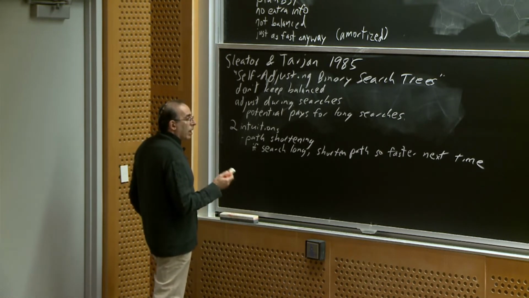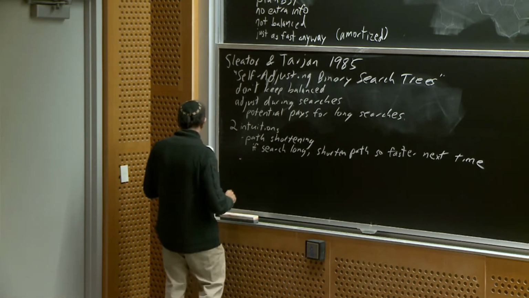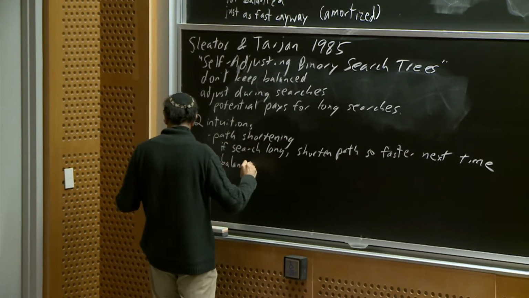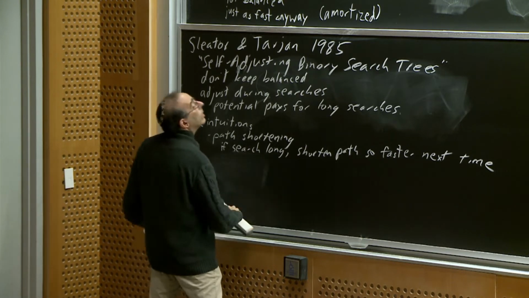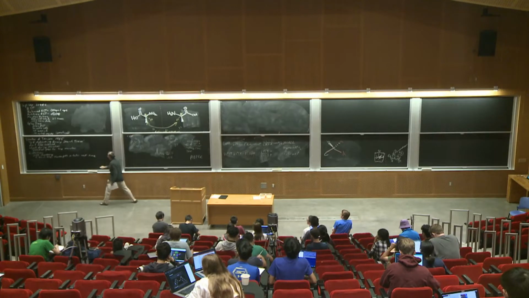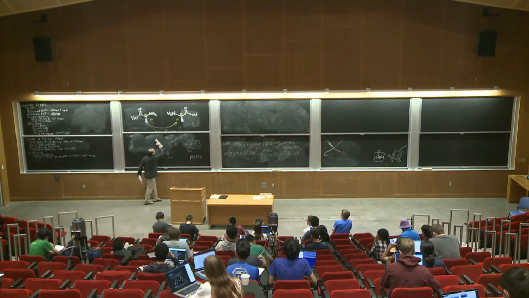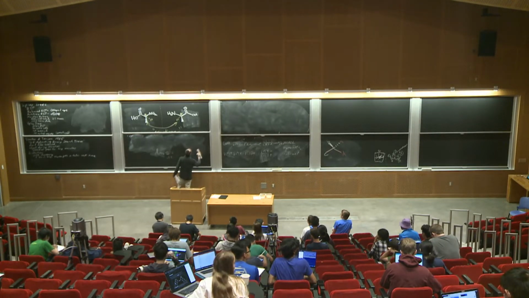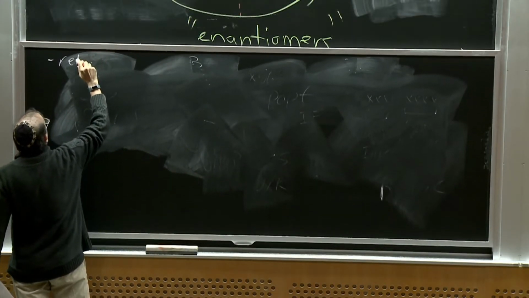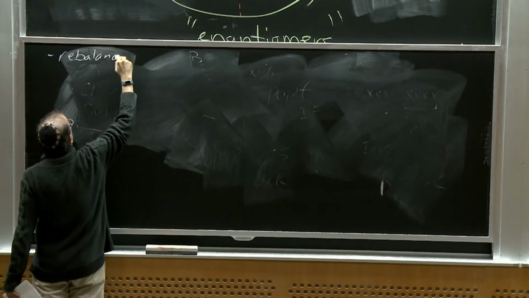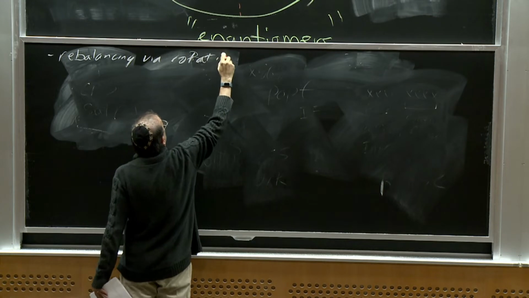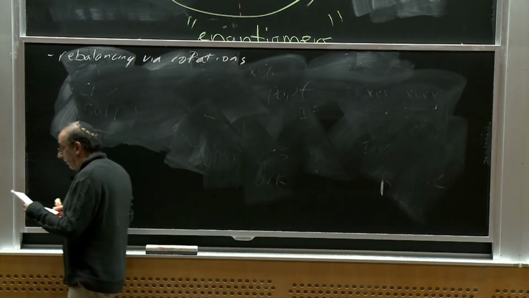A more sophisticated intuition is this idea of rebalancing. So let me put it on the next board. Instead of just focusing on one path, we're going to look at the whole tree, and we're going to talk about rebalancing the tree via rotations.